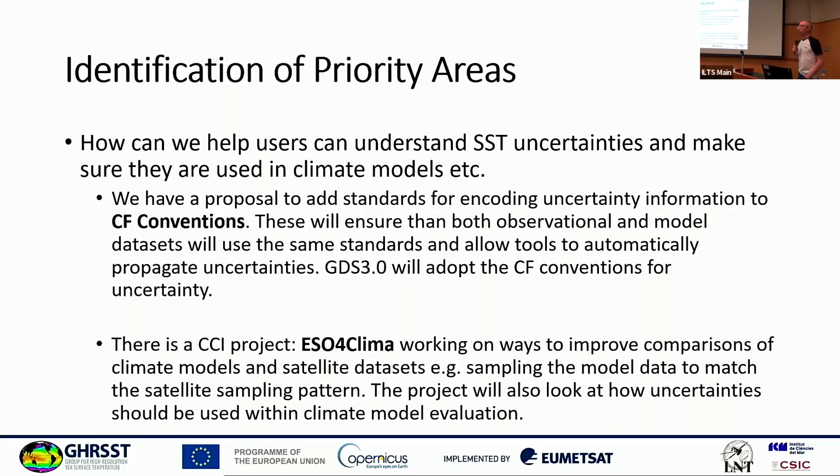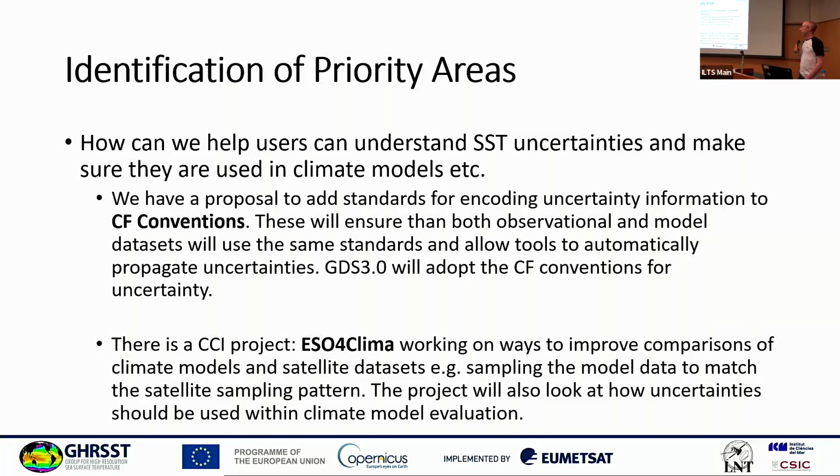There's the proposal to add standards for uncertainty to CF conventions, which will ensure that anyone producing an observational data set or working in climate modeling can follow the same standards to encode uncertainties. You can write tools that can read them and propagate them to different resolutions or propagate them into your model and so on. And we're planning to adopt these conventions into GDS3 when they're ready.